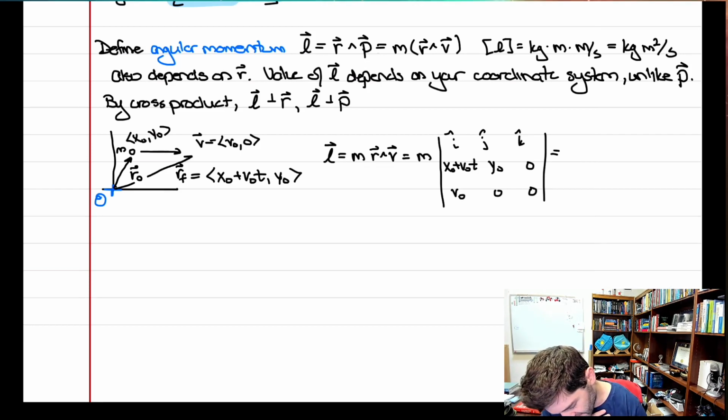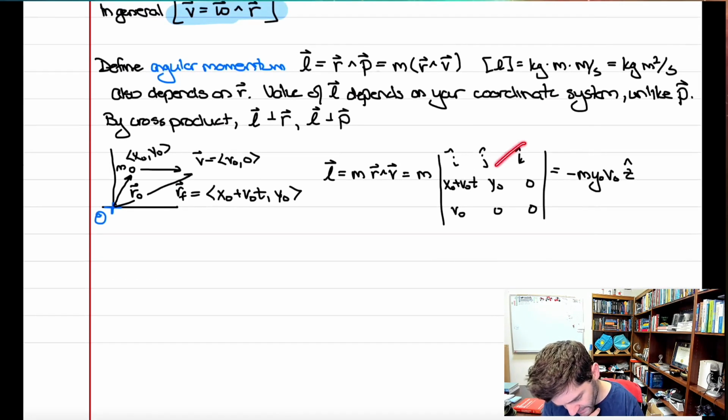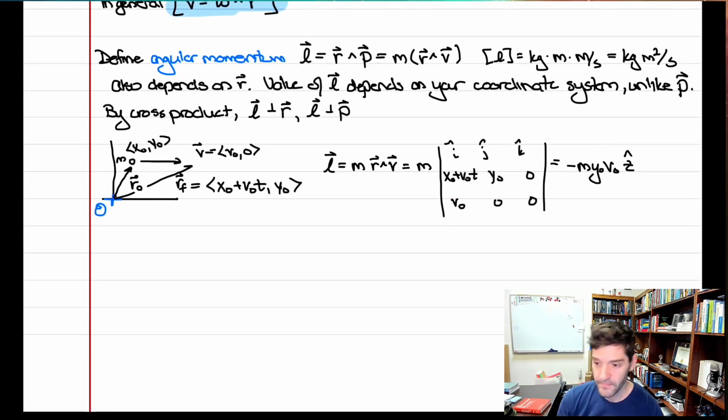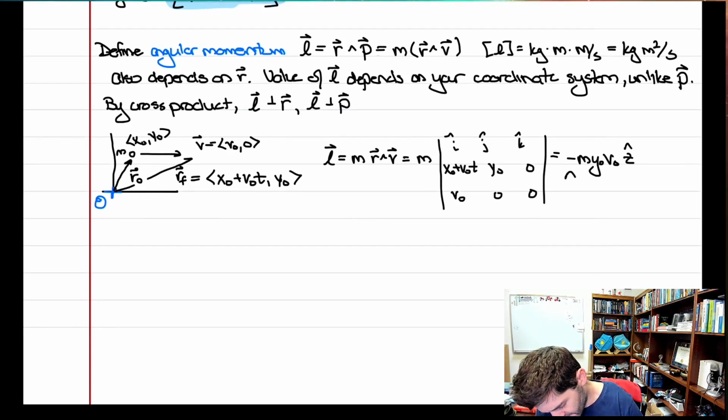Most of these things are zeros, except the only one that lives at the end of the day ends up being minus y naught v naught, and it's in the z direction. Essentially, this is the part of the determinant that lives, and everything else touches a 0 at some point. So it's negative, which corresponds to into the page.